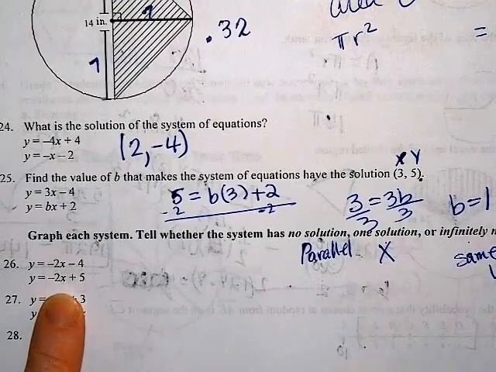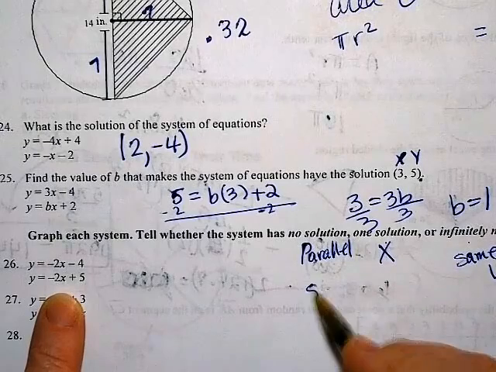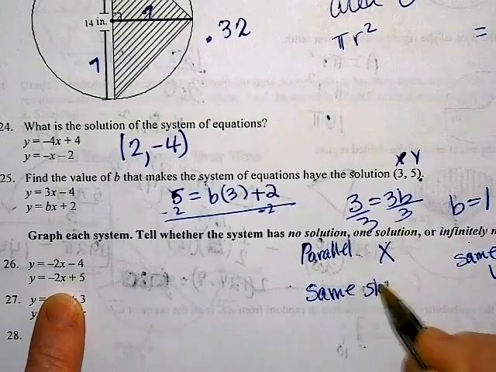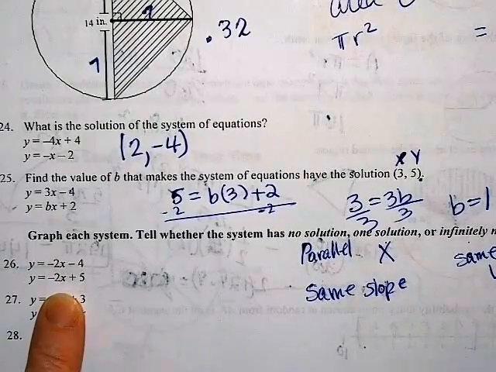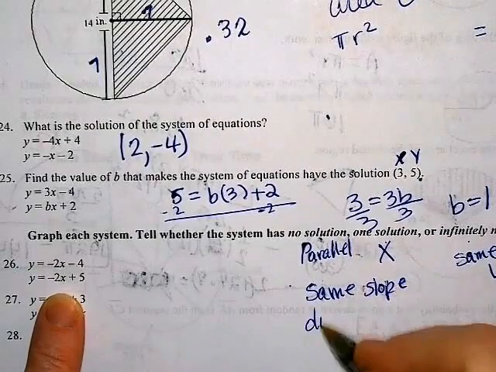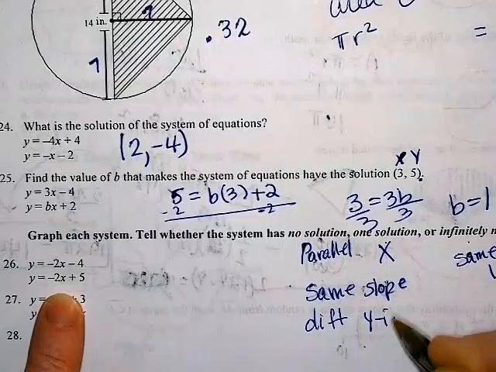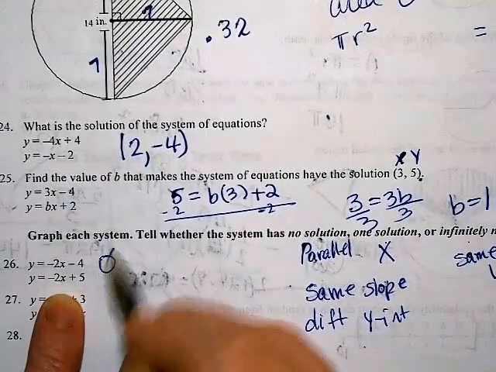What's the situation with 26? Why is it no solution? Because they are parallel. How do you know they're parallel just by looking? Same slope. There's one more thing you have to look for, though. Different y-intercept.